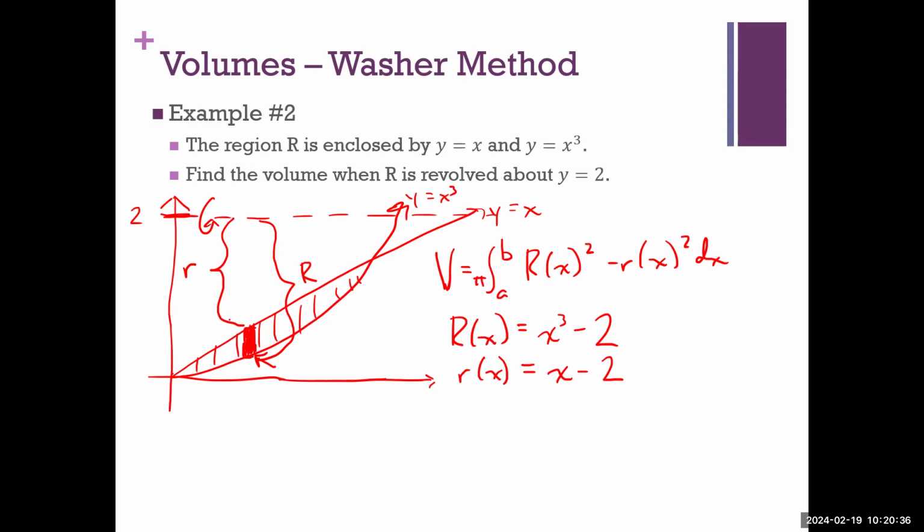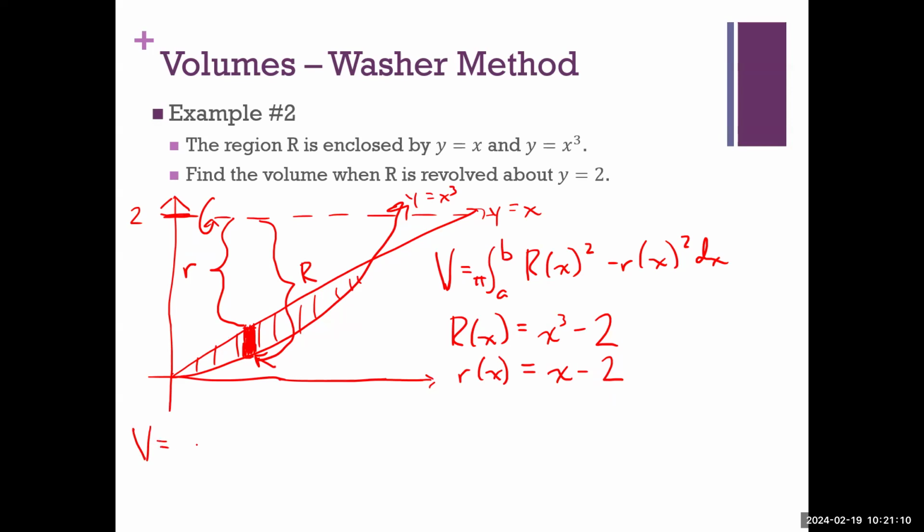How do I find this value little r? Well, I'm going to subtract whatever this y value is down here, that's going to be y equals x, from this other line, which is y equals 2. So I'm okay with both of these radii, x cubed minus 2 and x minus 2. Questions on where those came from? If we're okay with that, we finish setting up the integral next.